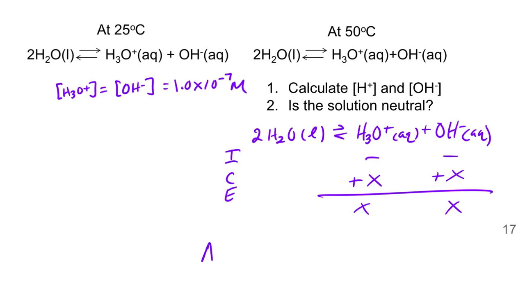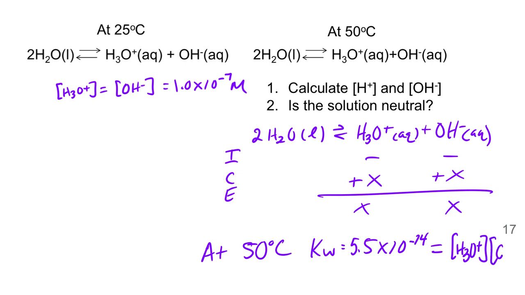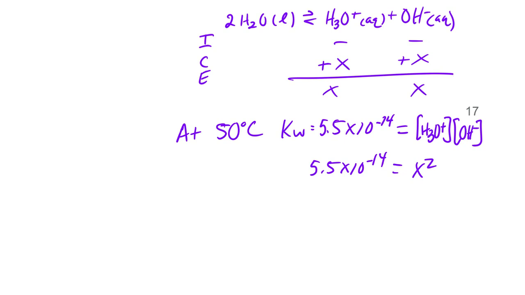We said that at 50 C, Kw equals 5.5 times 10 to the minus 14, which is equal to the concentration of H3O+ times the concentration of OH-, which is equal to X squared. To solve for X, we take the square root of both sides.